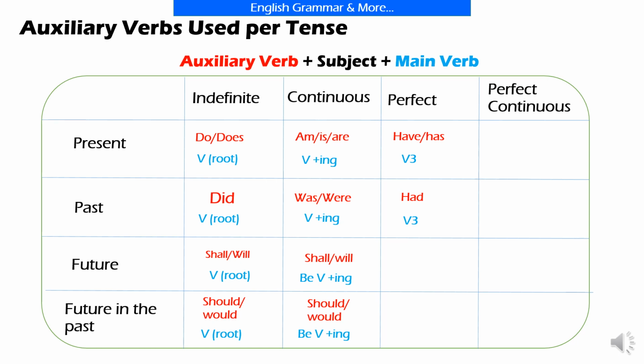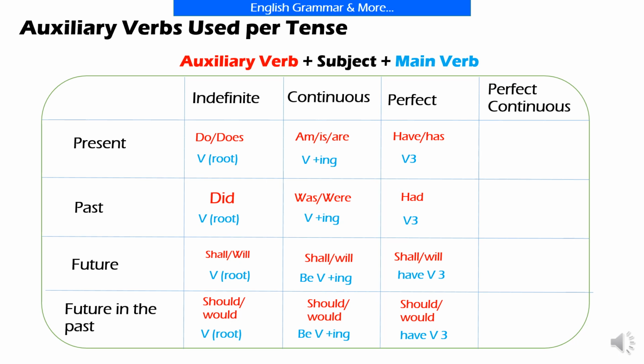If the sentence is in the future perfect tense, as the auxiliary verb, you will use shall or will, and the main verb will be have, verb, third form. If the sentence is in the future in the past perfect tense, then as an auxiliary verb, you will use should or would, and the main verb will be have, verb in its third form.